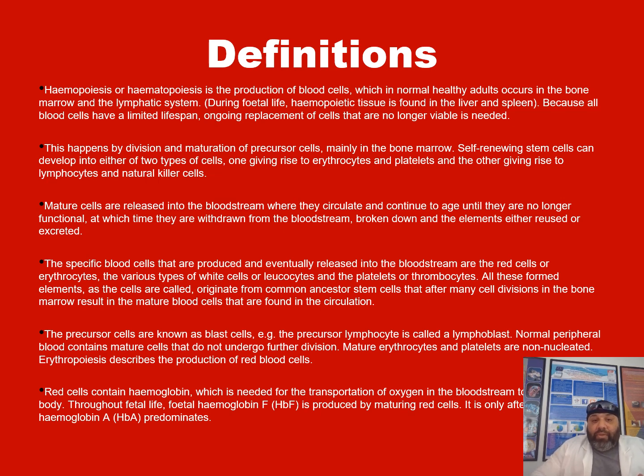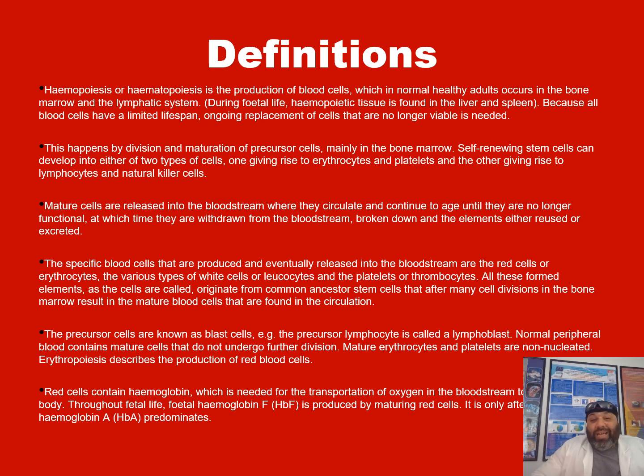Now, because all blood cells have a limited lifespan, ongoing replacement of cells that are no longer viable is needed. This happens by division and maturation of what are known as precursor cells, mainly in the bone marrow.